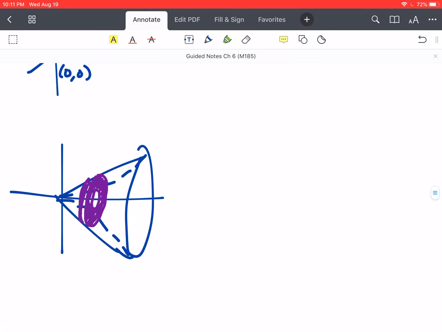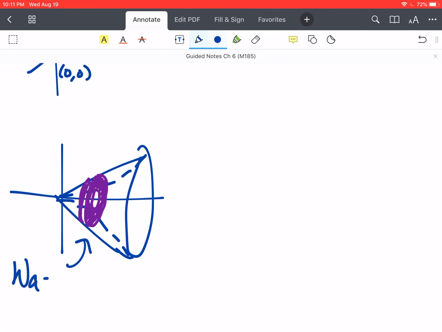Okay. So this is what we call a washer. Okay, so a washer, like the little metallic pieces you have when you're doing projects around the house, that kind of thing. They go along with all kinds of things.